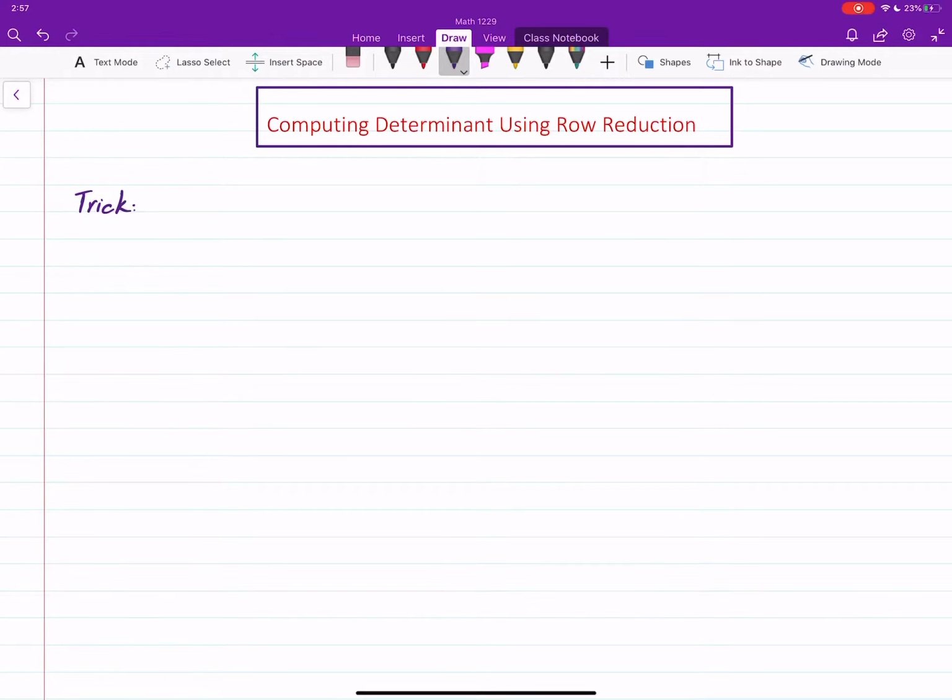The trick here is based on two things. First of all, that we can transform any matrix to an upper triangular matrix.